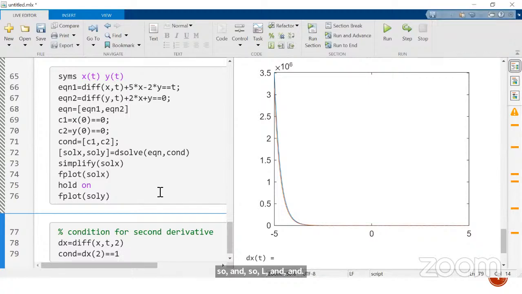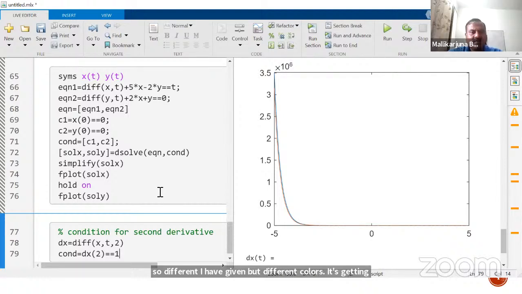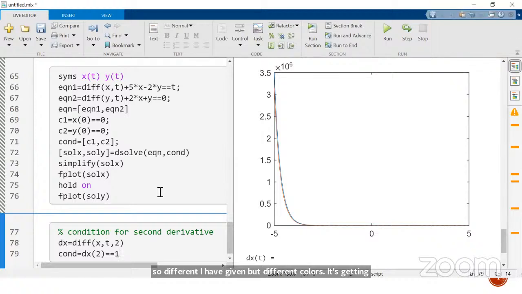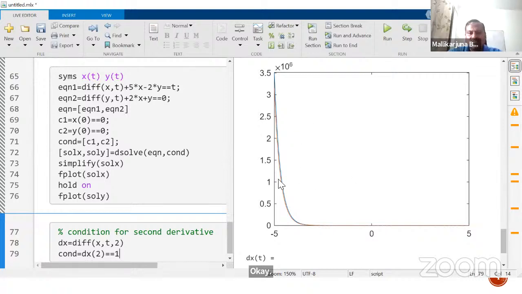No, sir, I have given different ones, but it's getting different colors. Yeah, different colors is fine. Okay, two equations in one graph. So that's all right. Okay, fine.